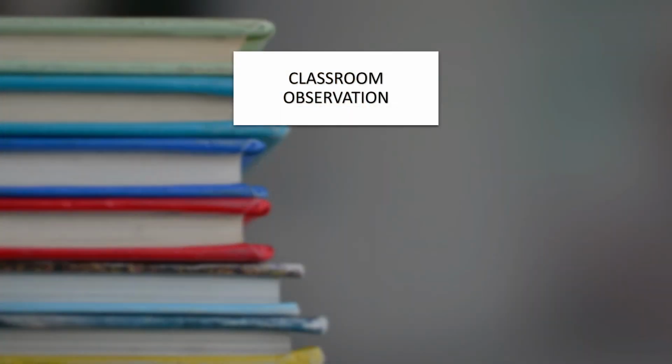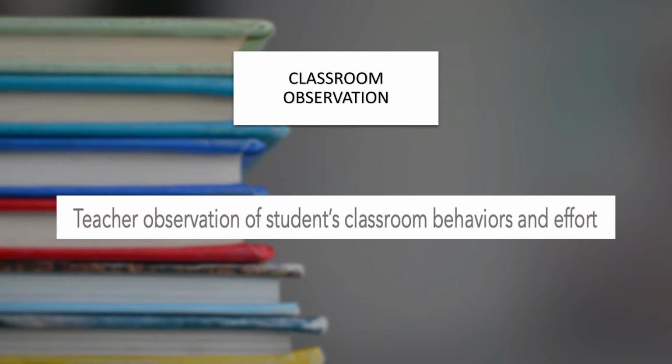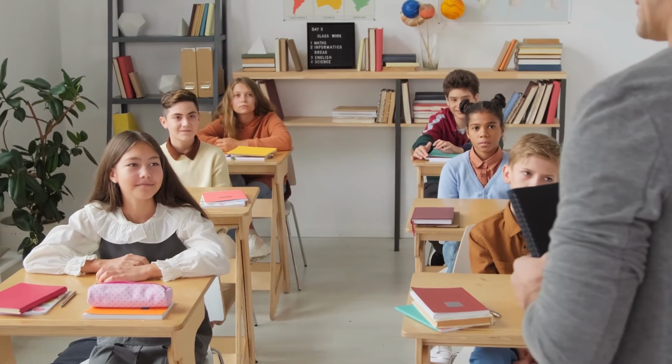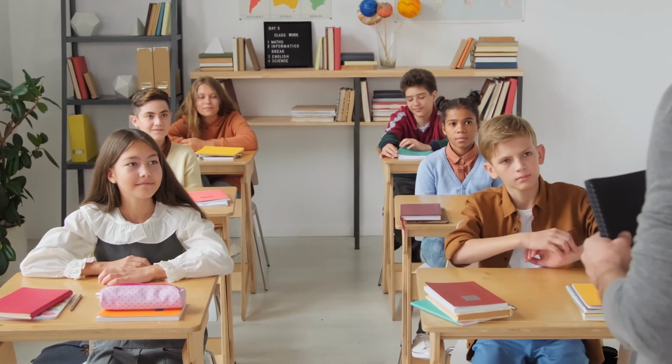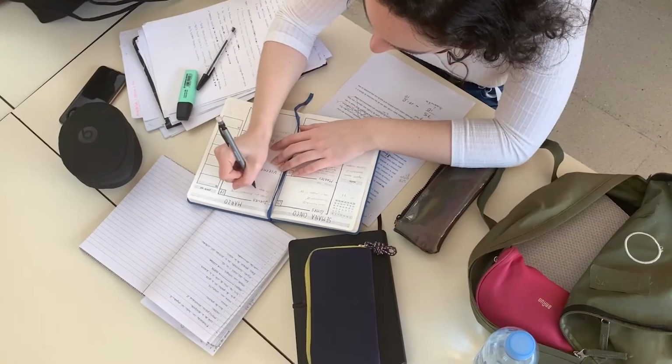Second is classroom observation. The teacher observes the student's classroom behavior and the efforts in performing the academics and various learning activities. It's very, very critical and very, very important. It's a very complex process, classroom observation.